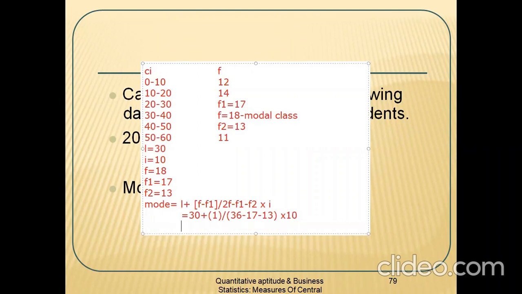So by doing this, you'll get the mode value, which is equal to 30 plus, with the fraction to be added at the last. First, let me simplify. 1 divided by 36 minus 17 minus 13. How much do you get? 6. So 1 divided by 6 multiplied by 10.